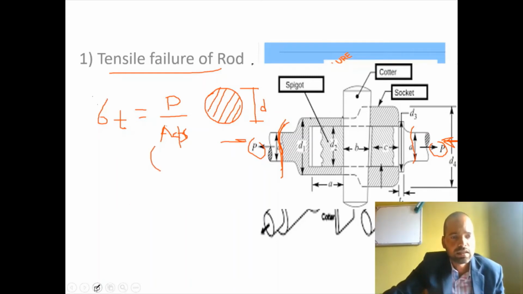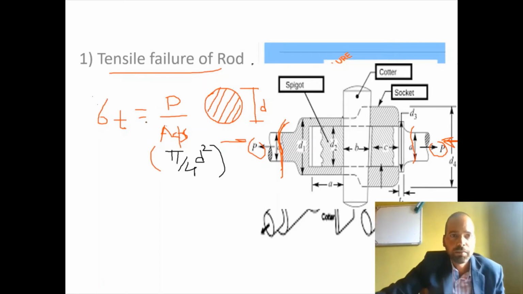The cross-sectional area will be equal to pi by 4 into D square, as it is a circular cross-section.